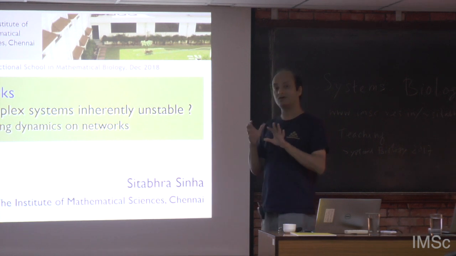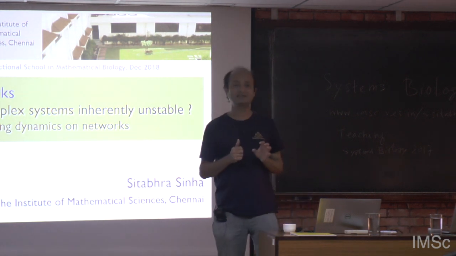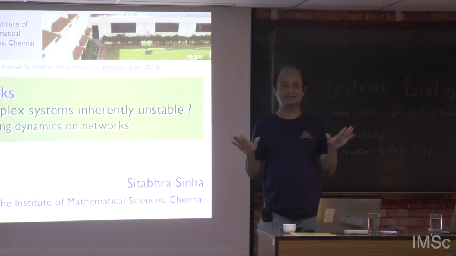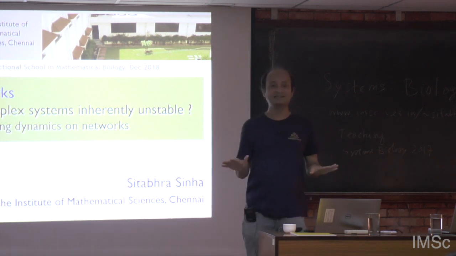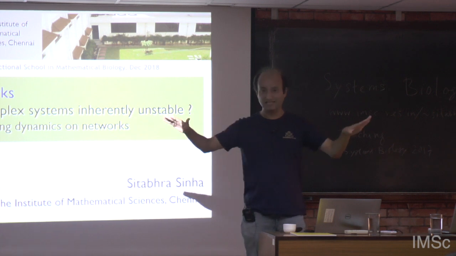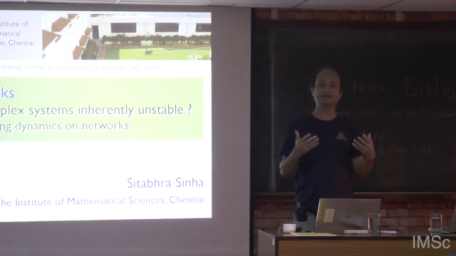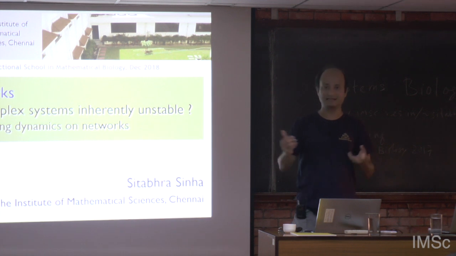And it's dynamics on networks because at any given point of time, if you assume that the synapses are more or less unchanging, let's say over a scale of a few seconds, then you can think of it as dynamics of the neurons which are connected by a fixed network.